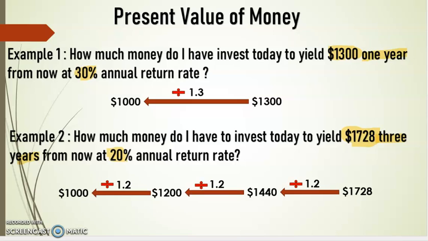So work backwards again. 1,728 divided by 1.2, get this amount. Then again divide, get this amount, and again divide and get this amount. So to get $1,728 after 3 years, you have to invest $1,000.